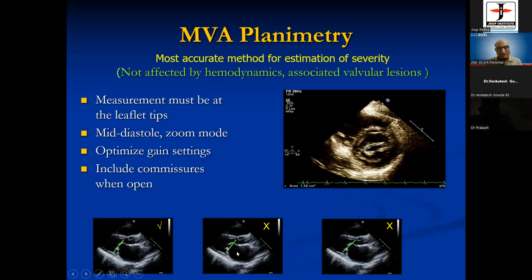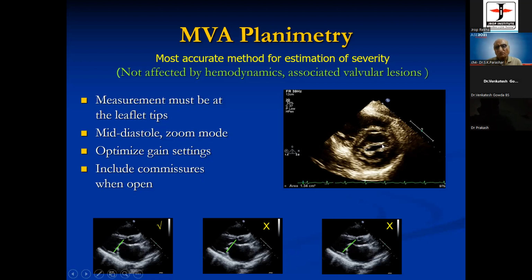Now here what you try to show is that you have to be at the tip of the leaflets. Now this is more at the tip of the leaflets. So the measurement should be at the leaflet tips. How do we know that we are at the tip of the leaflet? Because that is the shortest area which you can get. It is a zoom mode. The gain setting should be adequate and include the commissures.